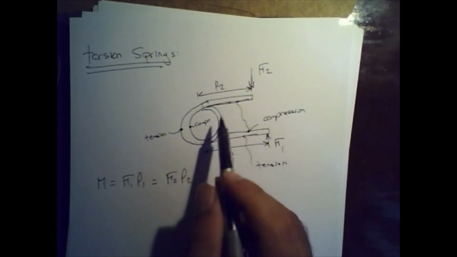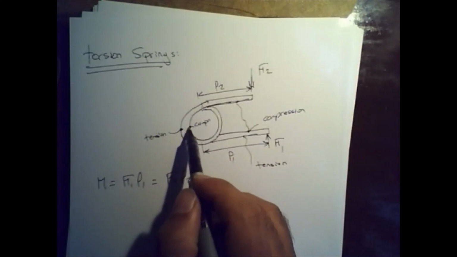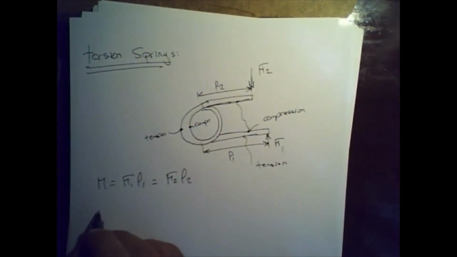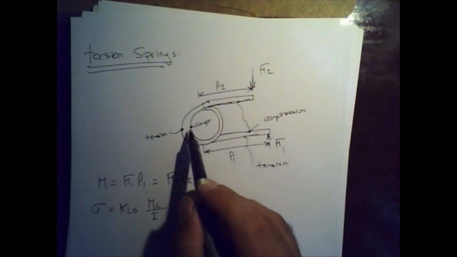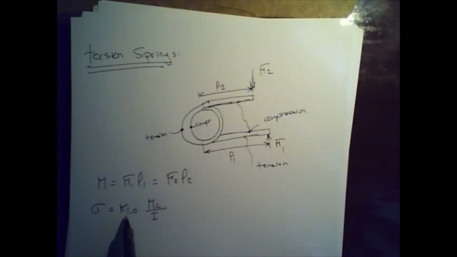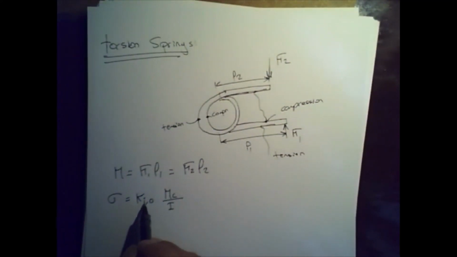We know that when you have a bending moment and a circular cross section, the stress is going to be equal to Ki or Ko times Mc over I, where i is the inner fiber and o is the outer fiber.